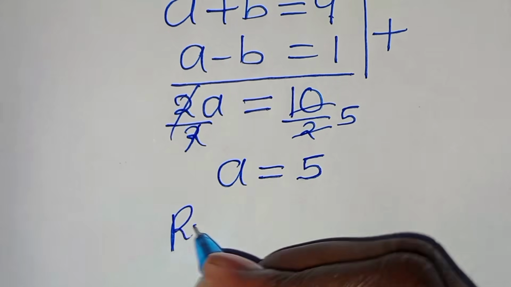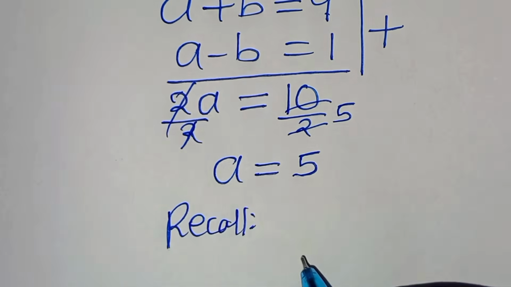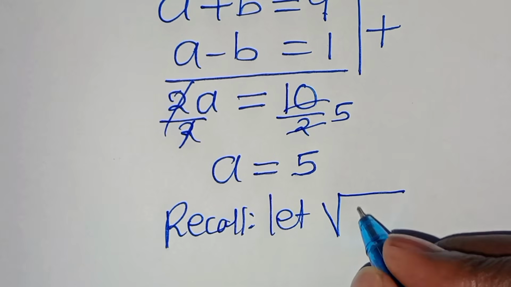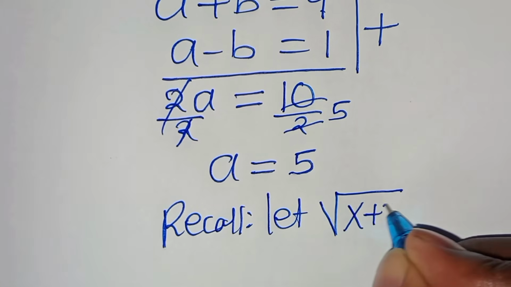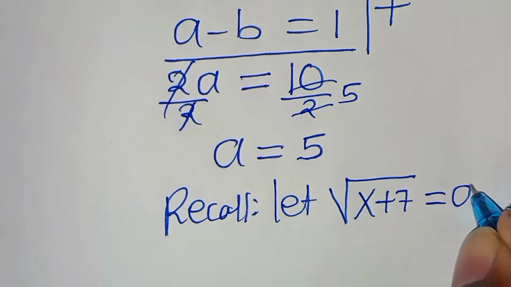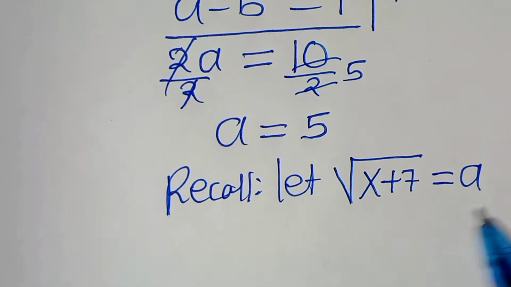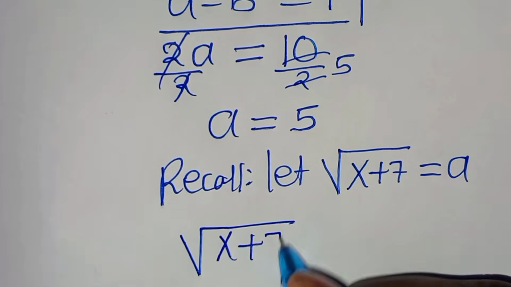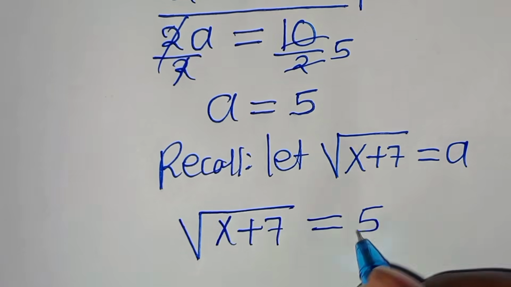Now, if you recall, we let the square root of x plus 7 be equal to a. So we can substitute a, which is 5, so that the square root of x plus 7 is equal to 5.